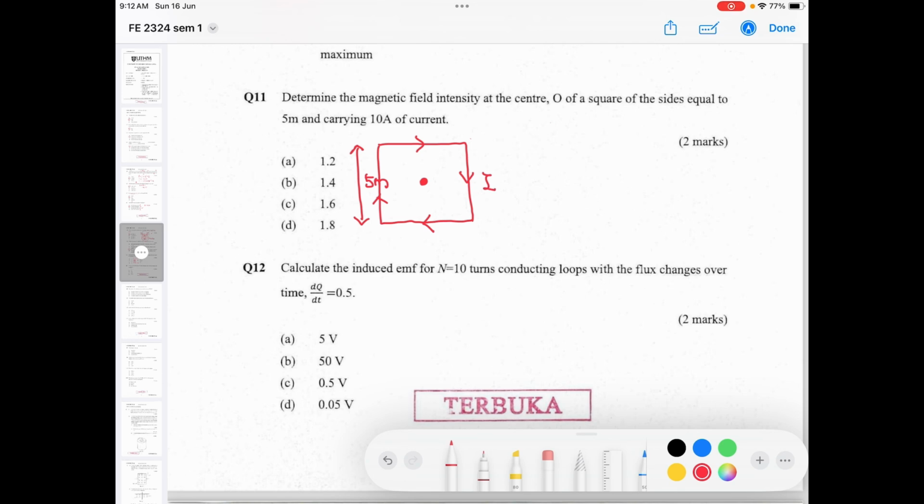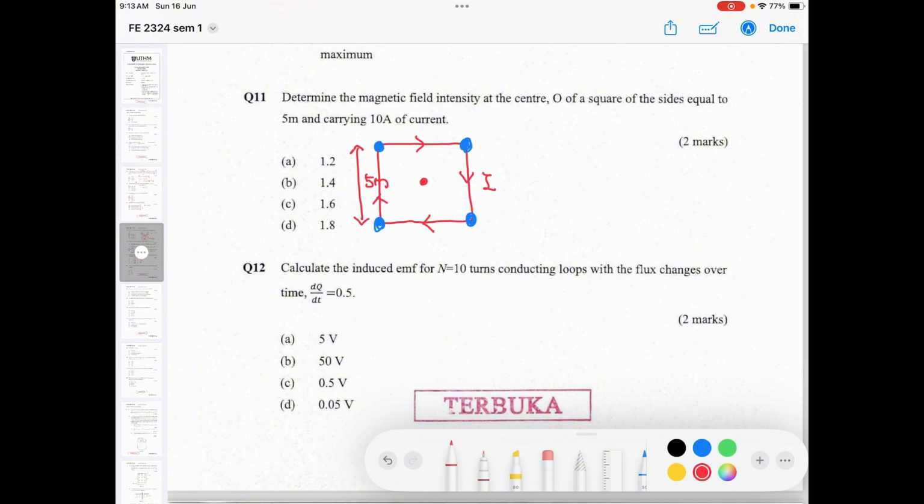So it means that you have to break it into the 4 sides. One will be from here to here. This is one side, then the second continues from here to here, then the third from here to here, and the last one is the fourth to here. You have 4 sides of finite current filaments.